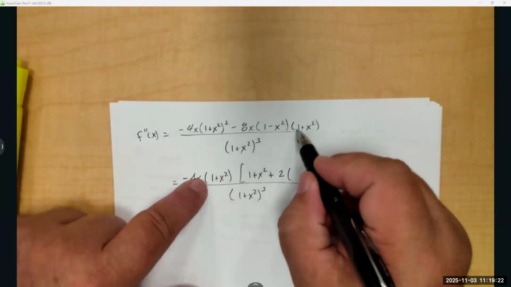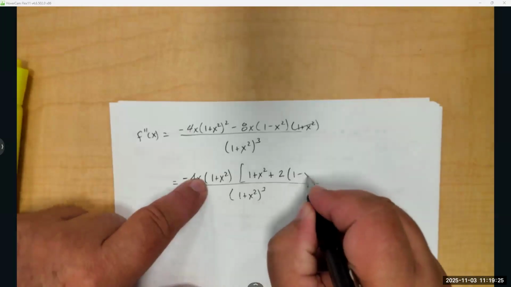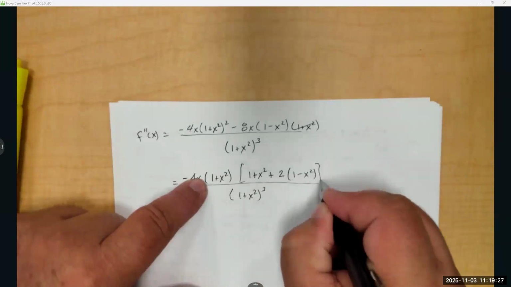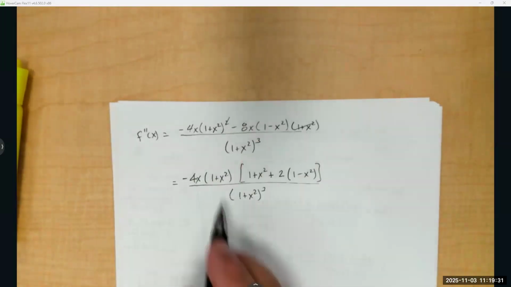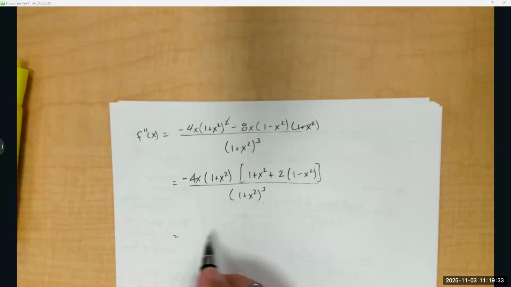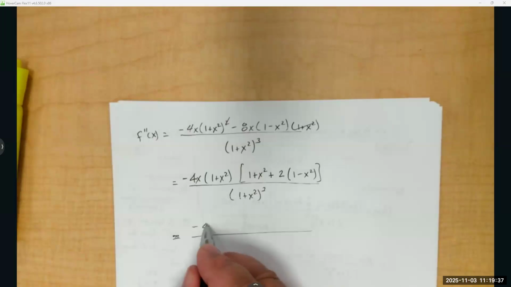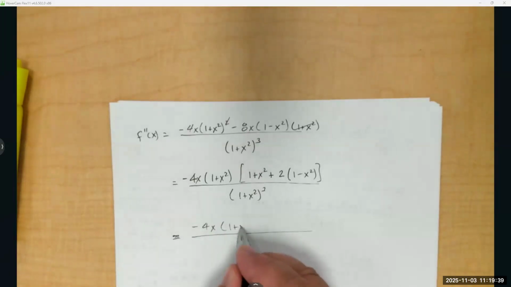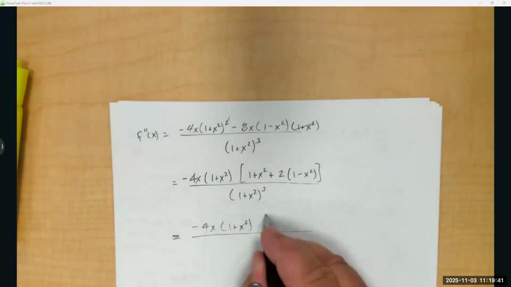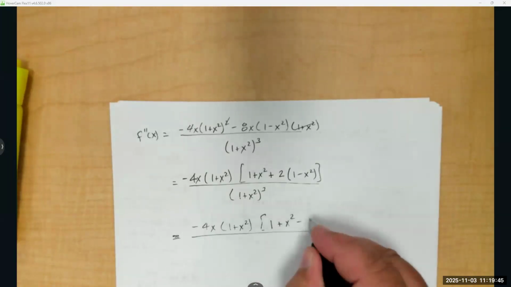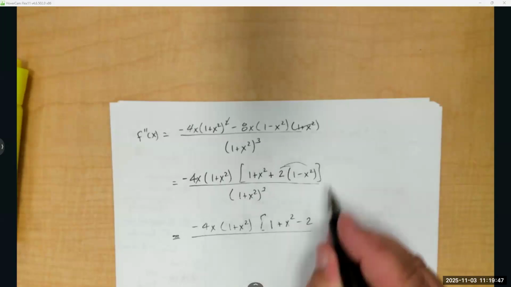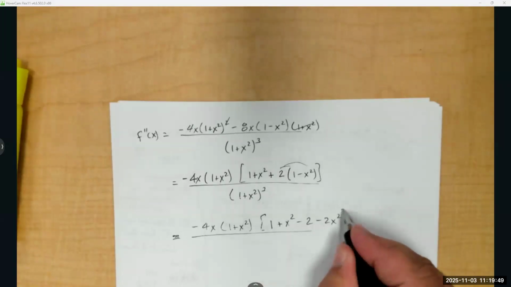I took out one of these, so it's 1 minus x squared in there. I took away one of those. Negative 4x, 1 plus x squared, 1 plus x squared minus 2, minus 2x squared.